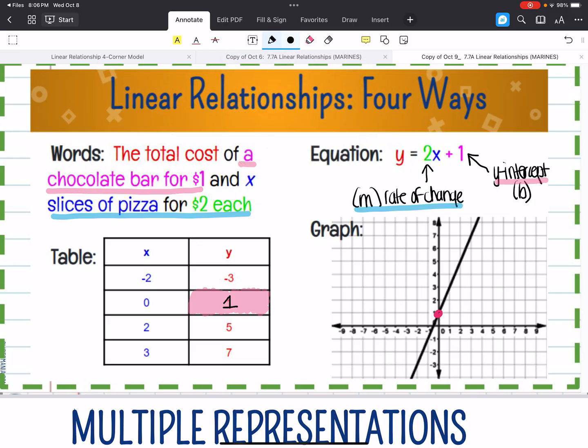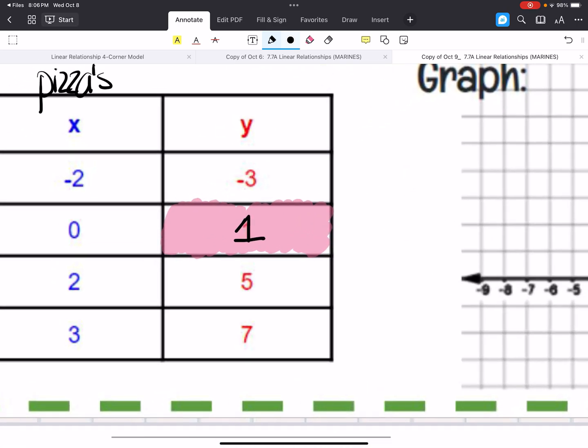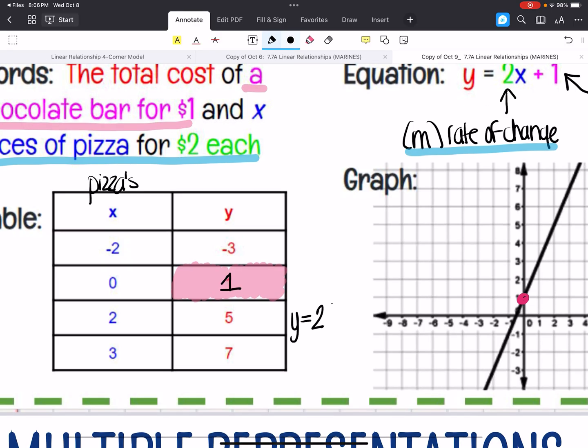For example, if it says that they're going to buy 2 slices of pizza, you could replace x with 2. Therefore, instead of 2 times x, it's going to be 2 times 2 plus 1. 2 times 2 gives me 4, and 4 plus 1 gives me 5.